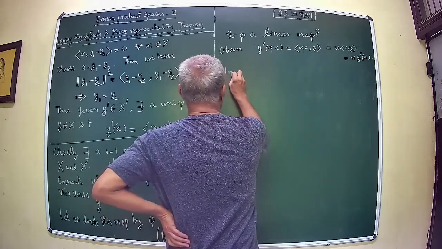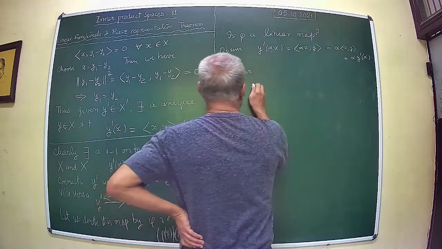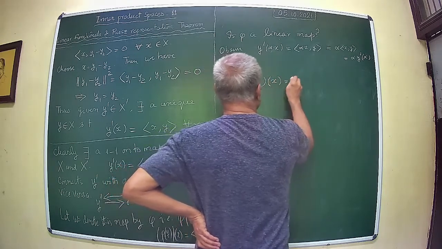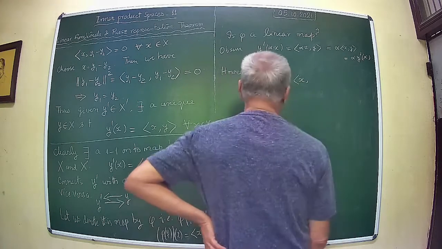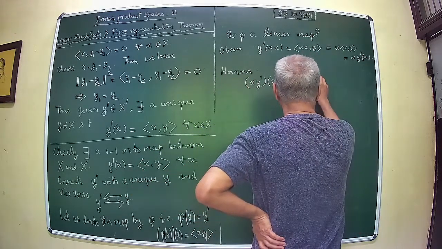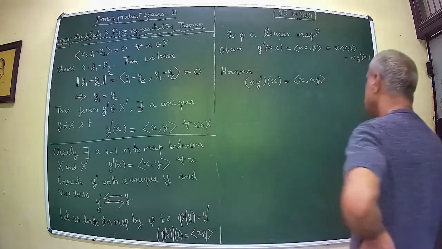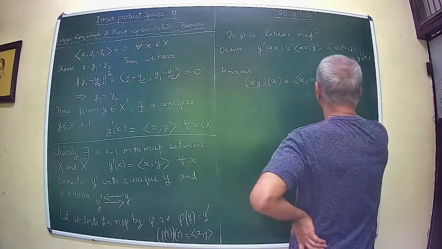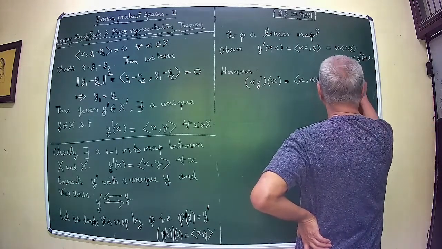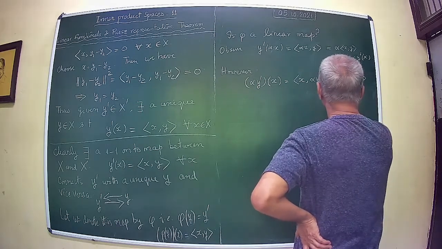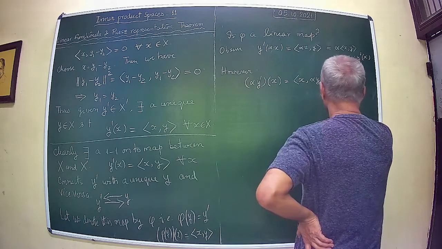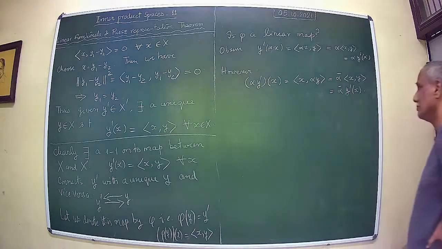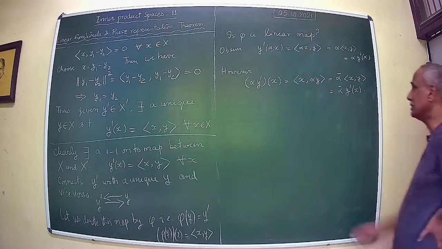However, alpha y prime, this is equal to alpha y, and this is equal to alpha conjugate, which is equal to alpha conjugate y prime of x. Okay, so this is the problem.